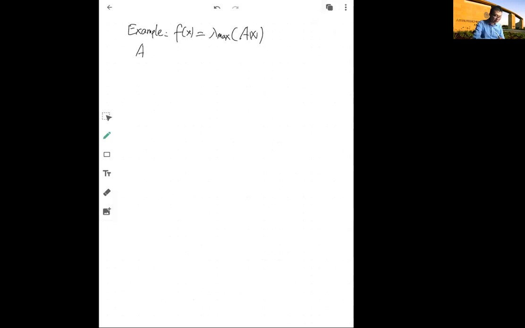Let's define A(x) to be A0 plus x1 A1 plus up to xn An, where Aj is in R^(n by n) and Aj is equal to Aj transpose for all j.